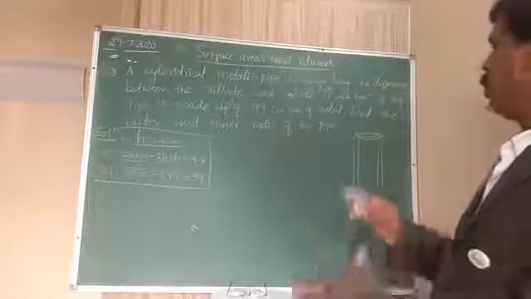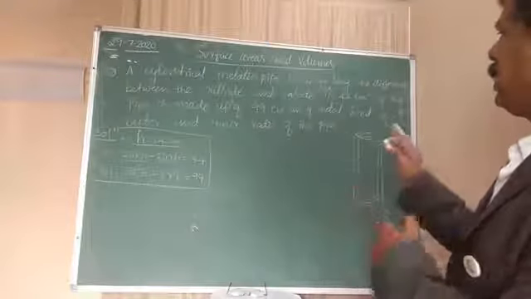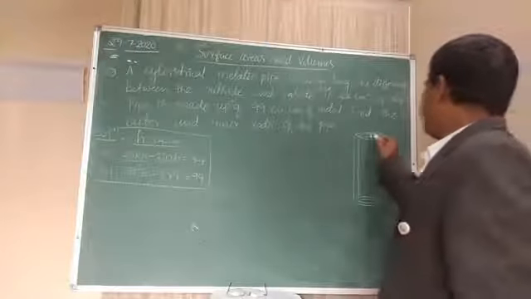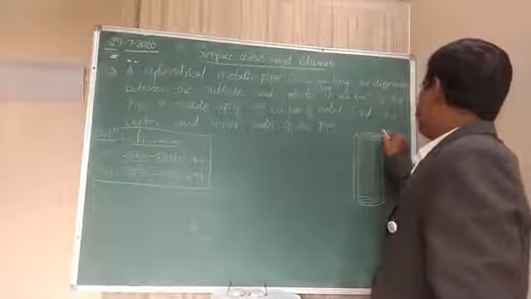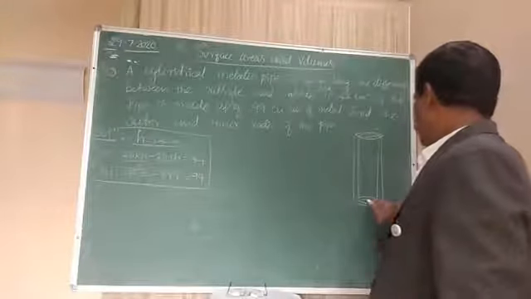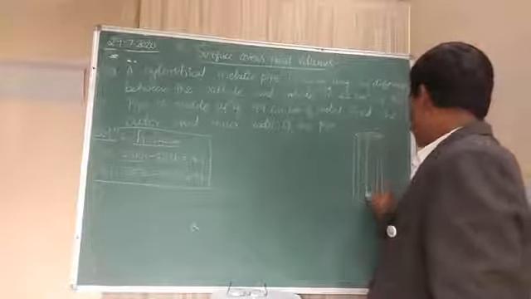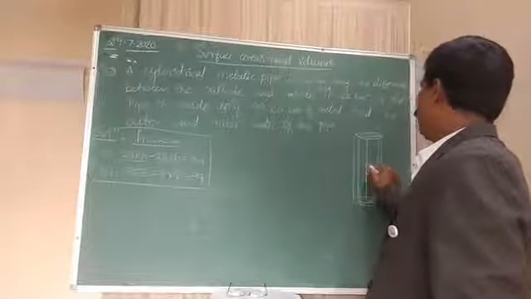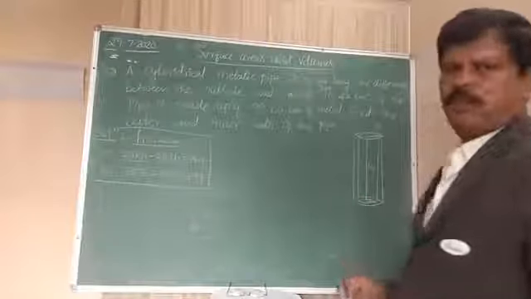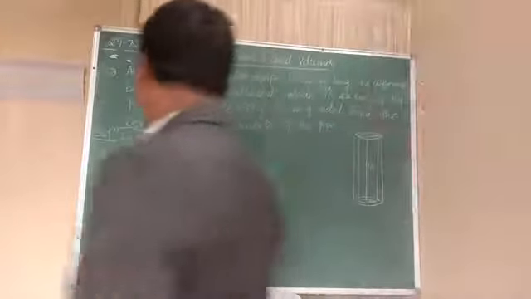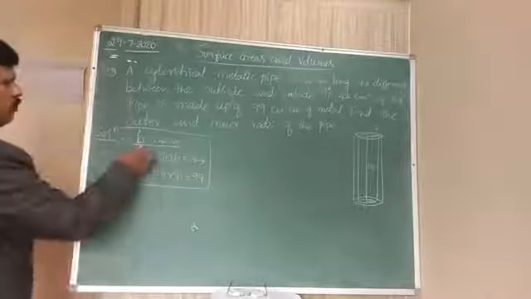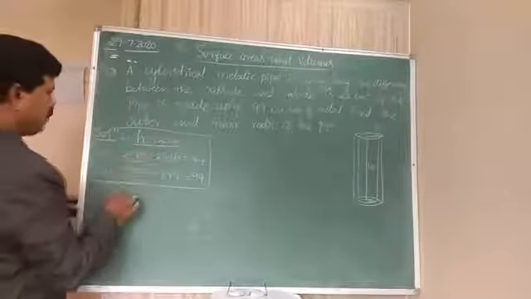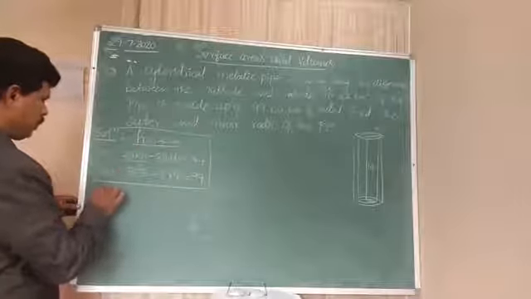Now how to find out the radii of the pipe? Inner radius and outer radius. This is the outside one, that is capital R, and the inside one is small r. h is given as 14 centimeter. Now how to proceed? First make use of these two and keep them as they are.